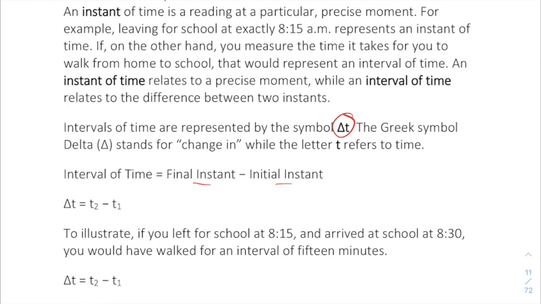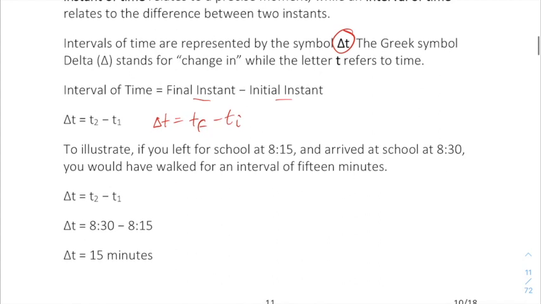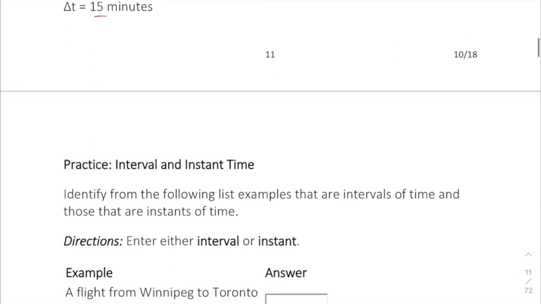I've also seen this written as delta t is equal to tf minus ti. Sometimes we use 2 and 1, other times we do f and i. To illustrate, if you left school at 8:15 and arrived at 8:30, then you would have walked for an interval of 15 minutes. 8:30 minus 8:15 gives us an interval of 15 minutes.